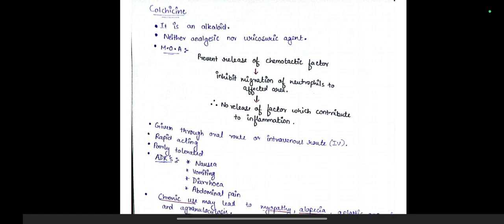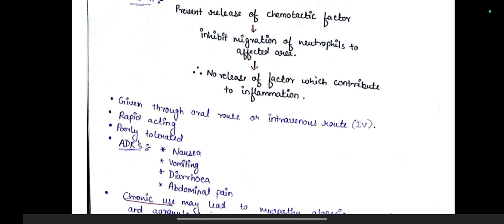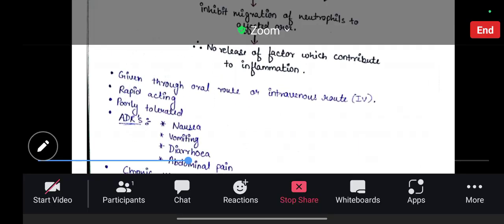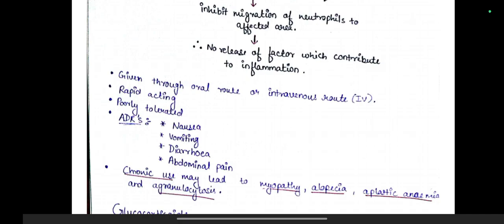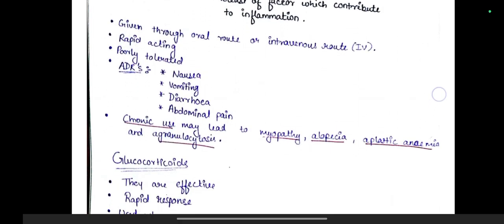It is generally given through oral route or IV. It is rapid acting and poorly tolerated. Adverse actions include nausea, diarrhea, abdominal pain, etc. Chronic use may lead to myopathy, alopecia, aplastic anemia and agranulocytosis.